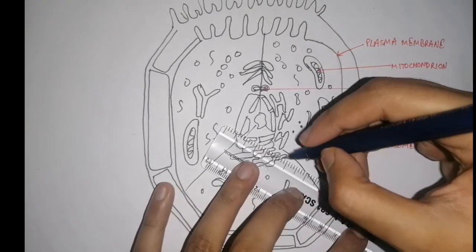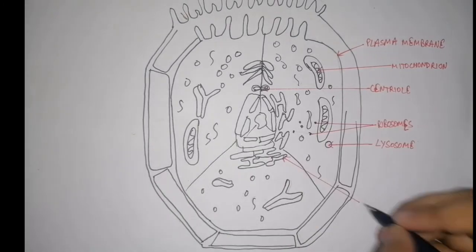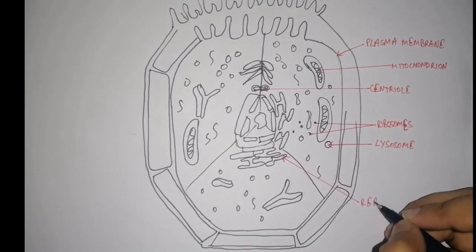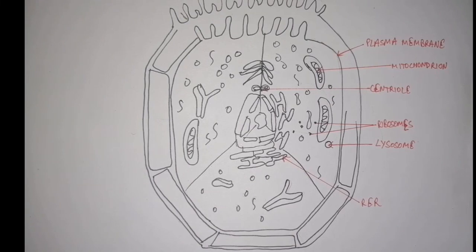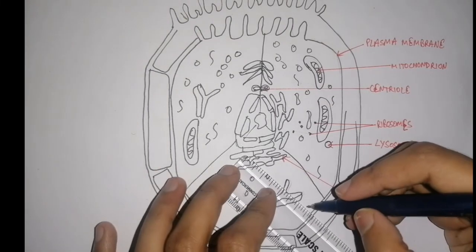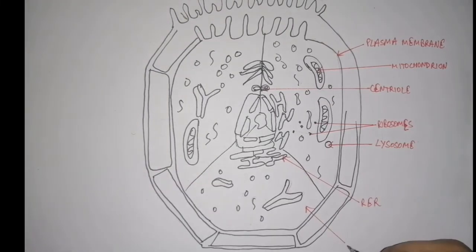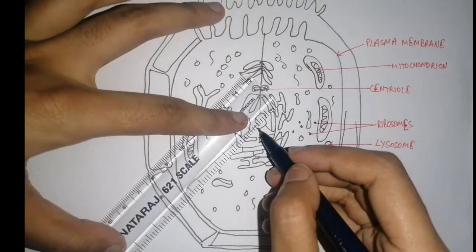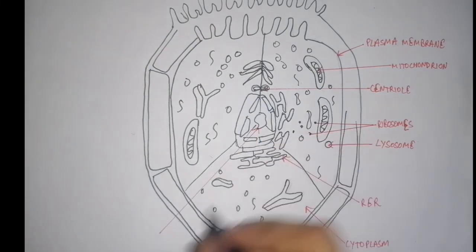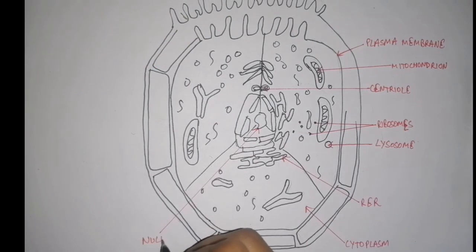This is RER or rough endoplasmic reticulum. The fluid all over the cell is known as cytoplasm. Then we have the nucleus.